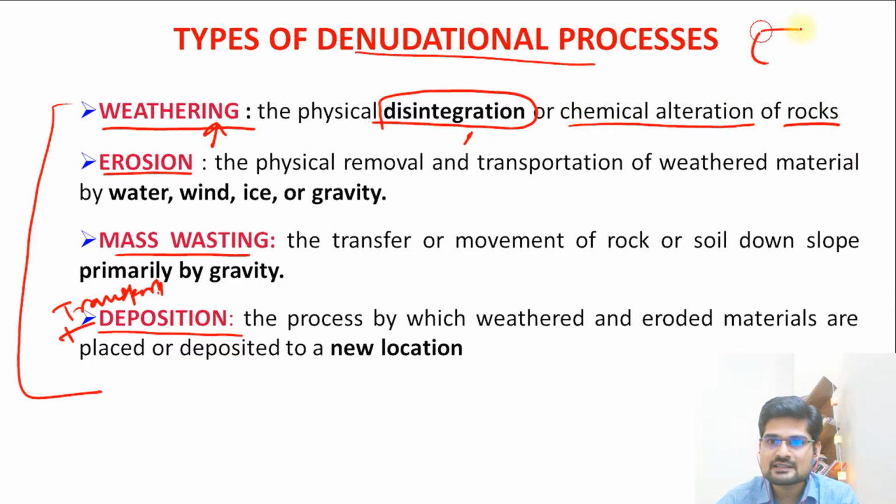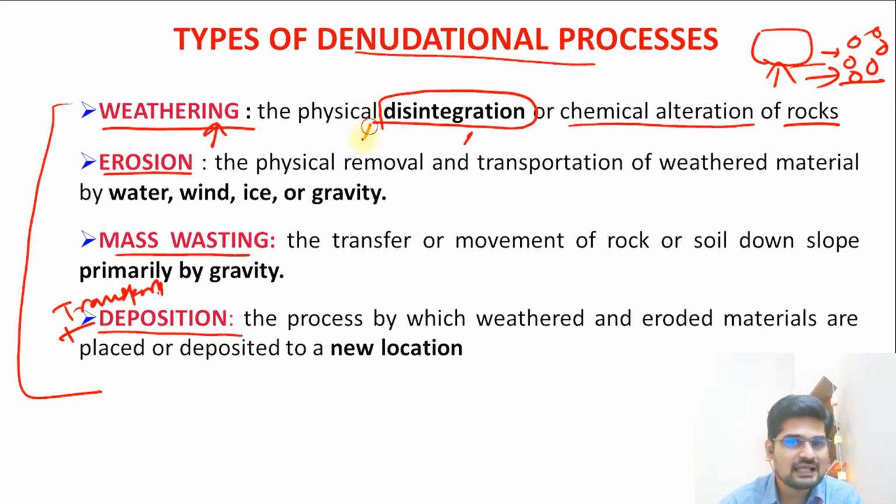So suppose if this is a rock and it has disintegrated into various smaller parts, right? This is what is weathering basically. So what do you see? A rock's position is not changed. It is at the same place, but it is disintegrated. It is broken into fragments, into pieces, because of the physical actions or maybe of chemical actions. So that is what weathering is, simply understood.